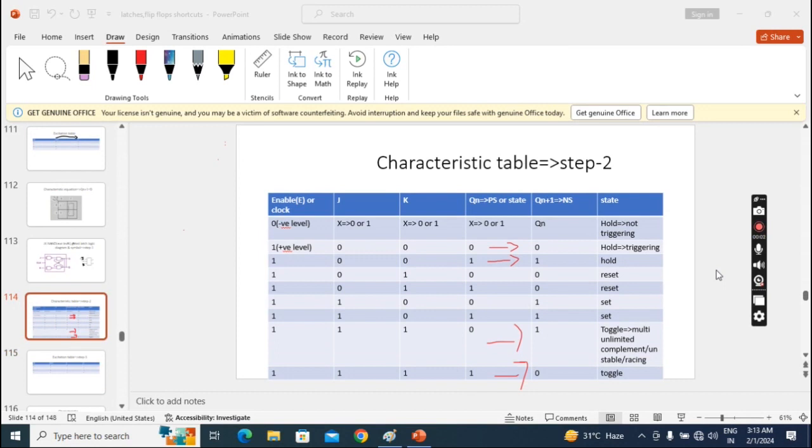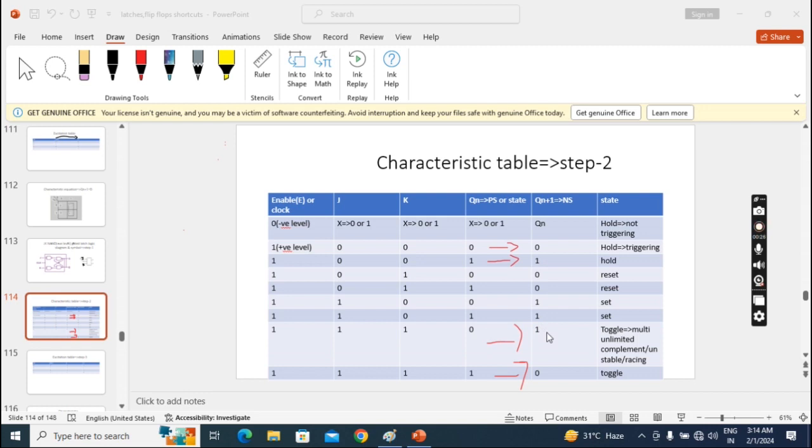In this lecture, we'll see the meaning of toggle or invalid state or unstable state or racing. In a JK flip-flop, when the clock is asserted and J and K both are equal to 1, the present state will become toggle in the next state.